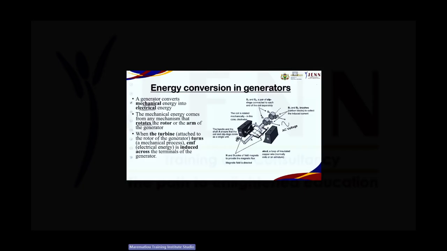The turbine is attached to the rotor. When we create electricity, we are not going to have someone turning that rotor the whole time, so we use a turbine. We get different turbines: hydro turbines, wind turbines, and steam turbines.